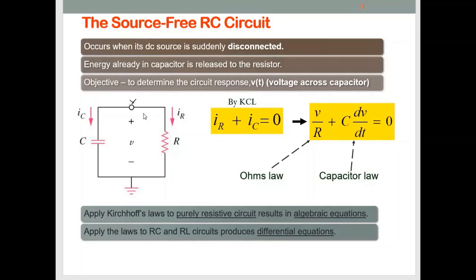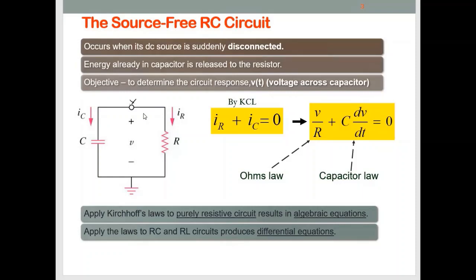If we form this into an equation by using KCL, we know that the current exiting the node must be 0. IR plus IC will be 0, since the two currents are exiting the node. Then we can convert IR and IC in terms of V: V over R, and for the capacitor, IC is C dV over dt.